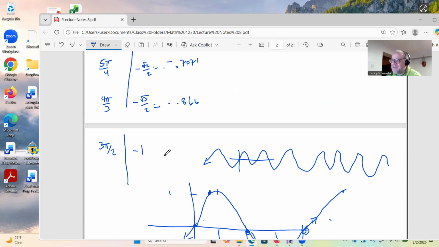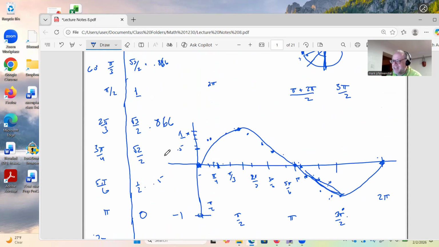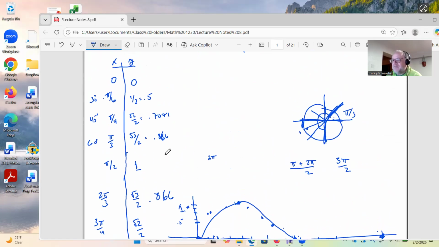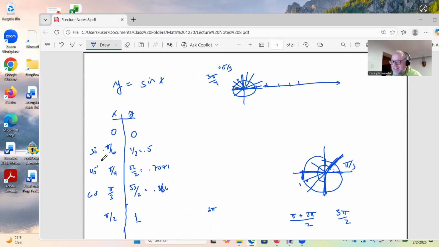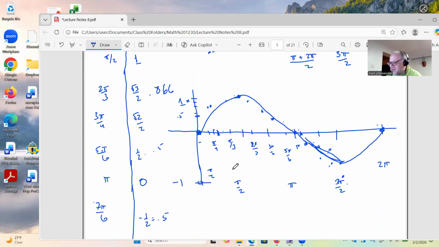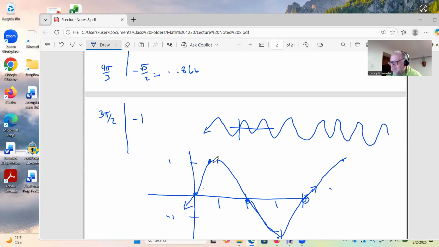I want to graph easy points. I am incredibly lazy. I want to graph the easiest points I possibly can. These guys right here, the ones that I showed up with, the 0, pi over 2, pi, 3 pi over 2, and 2 pi, those are the easiest points I can graph as far as the sideways go. They're also the easiest points on a cosine graph.